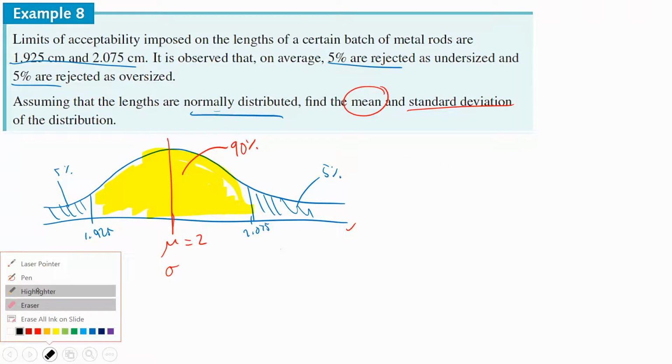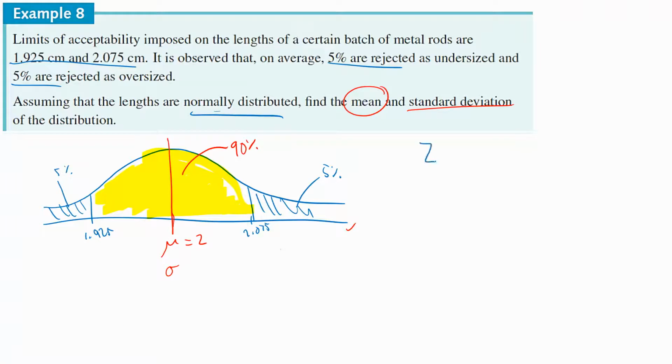They wanted you to solve simultaneously the problem where z equals x minus mu over standard deviation. You don't know what mu and standard deviation is. There's two unknowns, right? But they did give you enough information. They gave you an x value, and they didn't technically give you a z, but they gave you an area to find z. Okay?